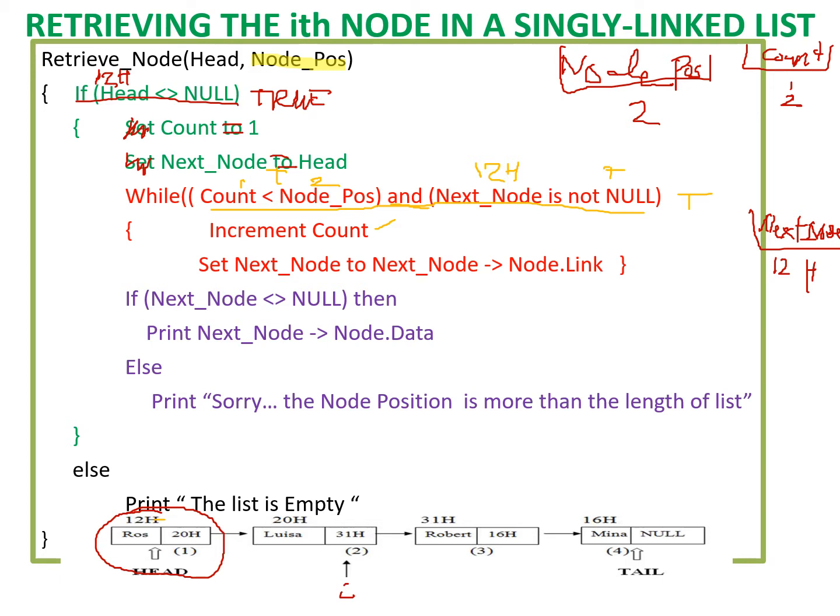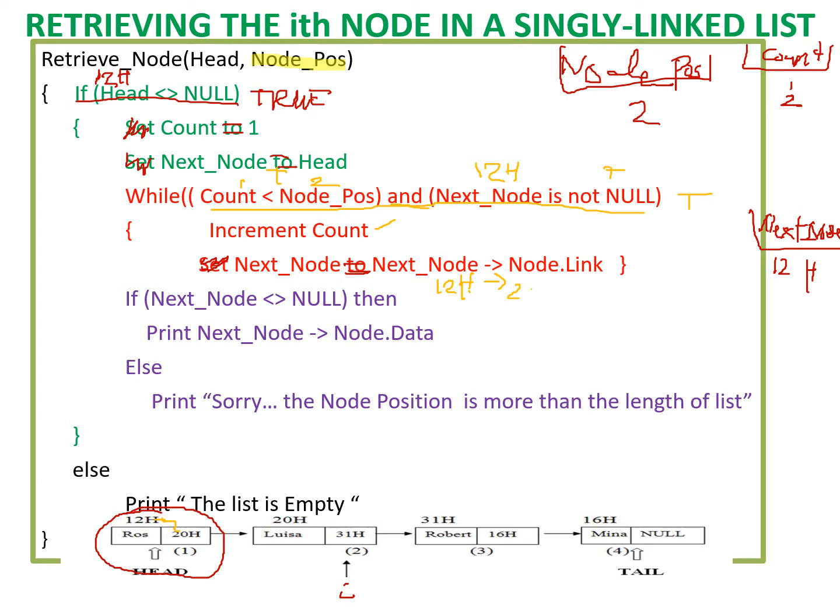Next, we set next node to next node referencing node.link. That means we're going to assign next node referencing node.link to next node. Again, next node is 12H, and the node.link of 12H refers to 20H.